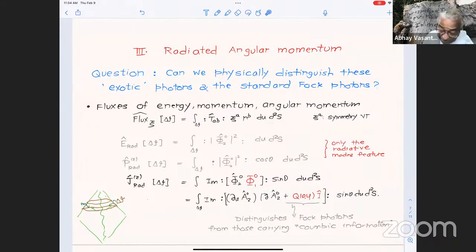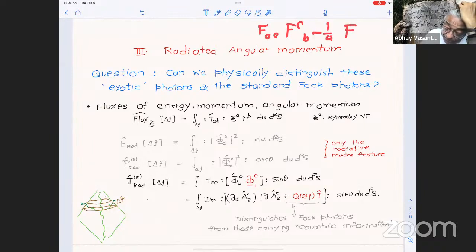Now you just take the expression for TAB, which, as you know, is just given by F_AC F_CB minus 1/4. Or maybe I should write it better. Another way to write the same expression is just going to be F_AC F_CB plus star F_AB.